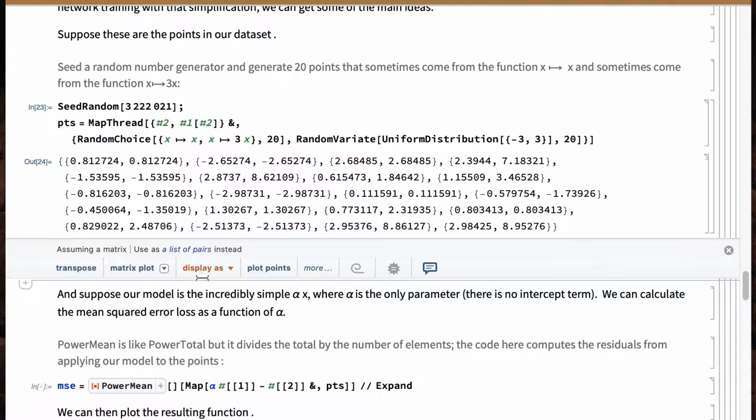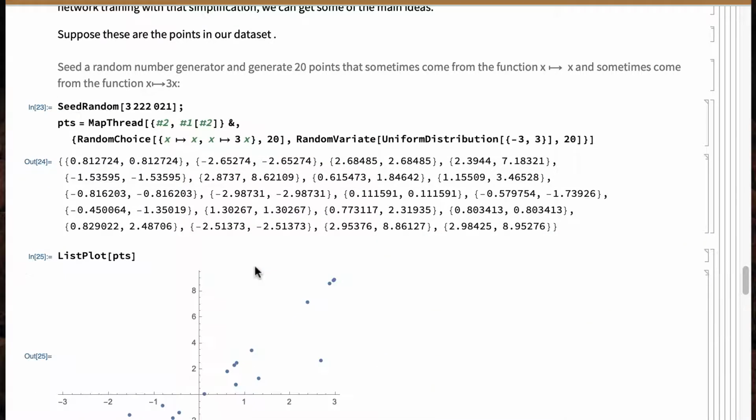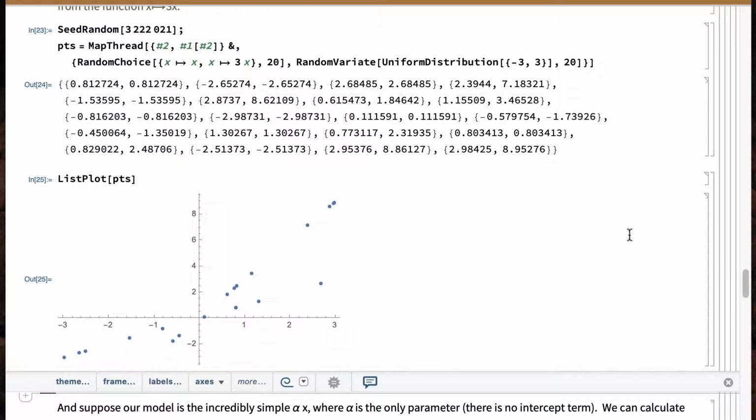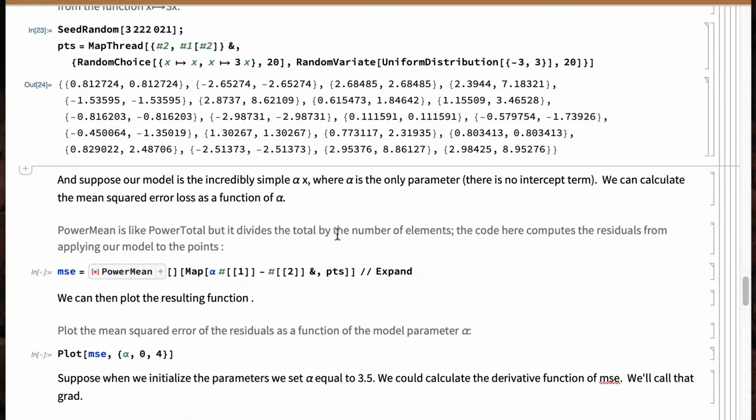All right, and if you were curious, that's what our data looks like. And here's the model. It's the world's simplest model. No, it's not the world's simplest model, but it's a very simple model. It's alpha x, where alpha is the only parameter. There's no intercept term. So we can now calculate the mean squared error loss as a function of alpha.